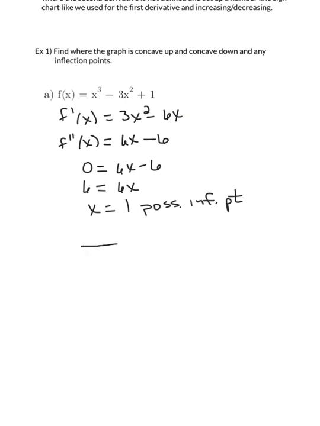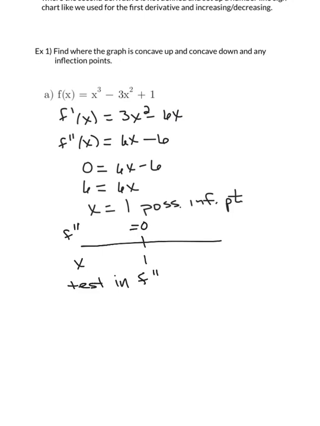Just like we did when we were testing first derivatives, we are going to set up a number line, but this time we're using second derivatives. We are going to test numbers on the left and the right of 1 in the second derivative.